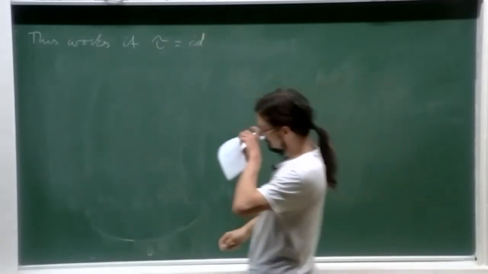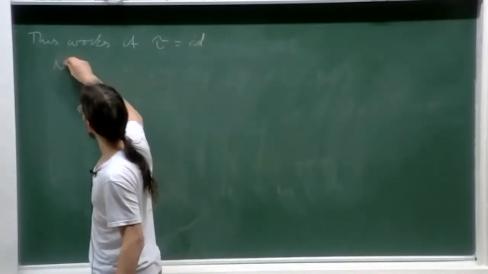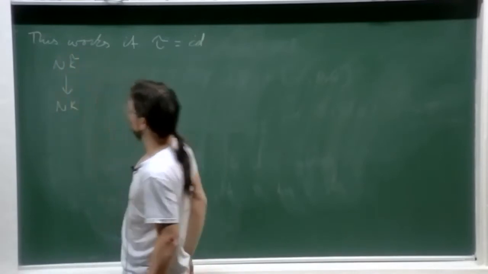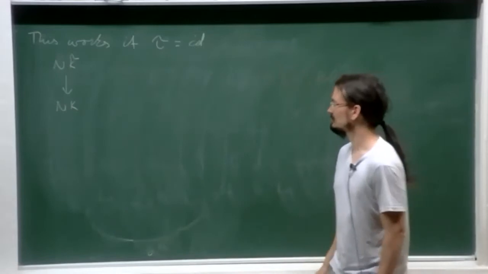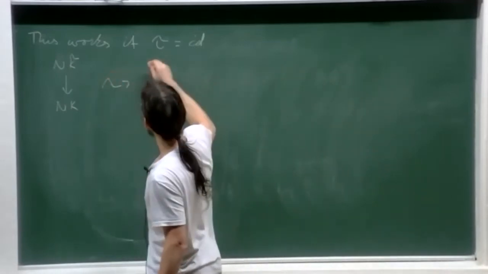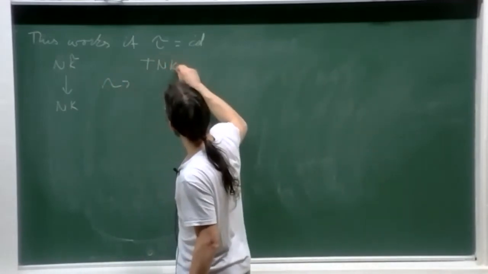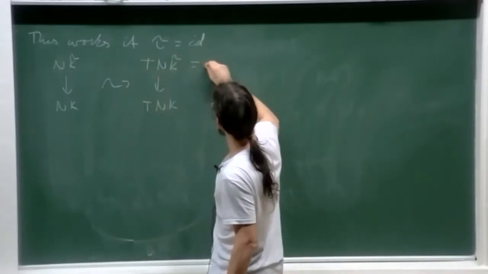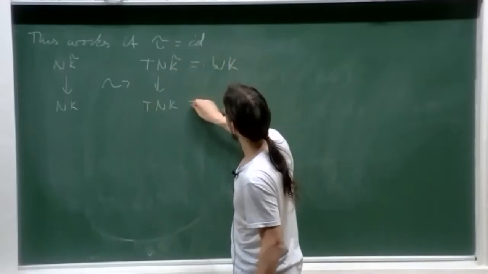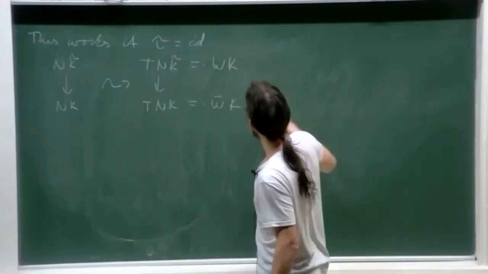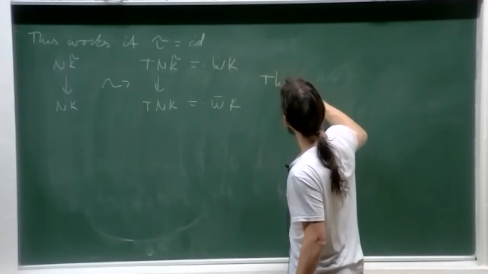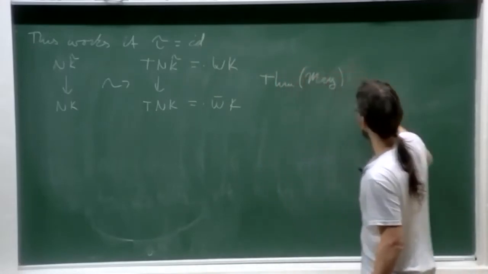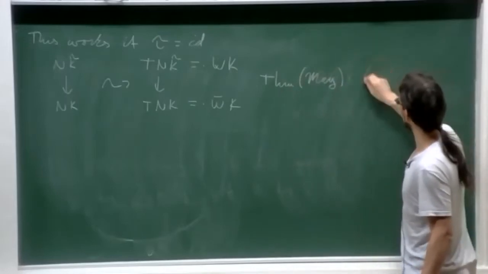So we've got our map of bisimplicial sets, N K tilde to N K. We just throw T at it. And then this is W K, this is W bar K, and it's a theorem of May that this is a universal principal K bundle.